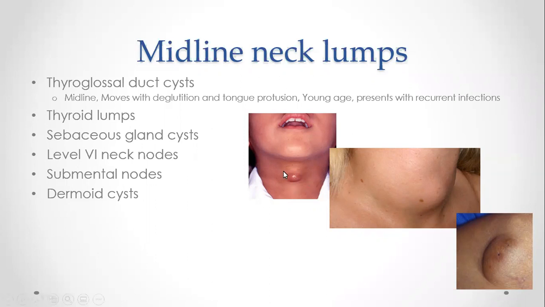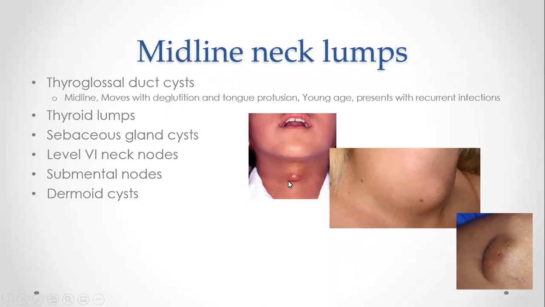This is what we call a thyroglossal cyst. This is the typical area in the midline above the thyroid cartilage. It occurs at a young age and can present with recurrent infections.